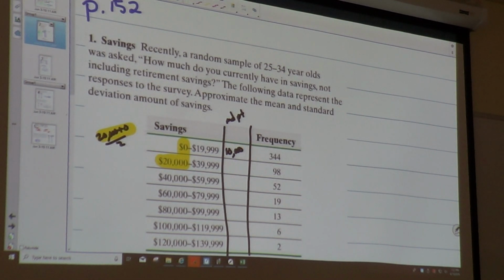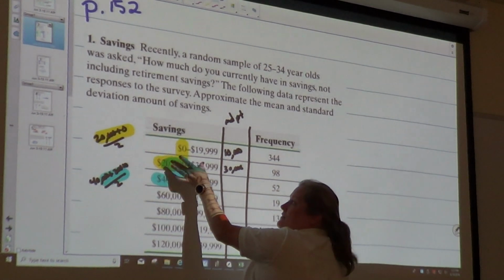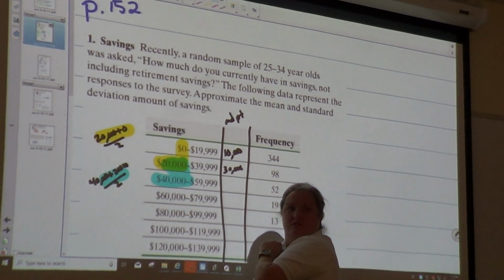Then for my next midpoint, I add these front two numbers, 40,000 plus 20,000, cut in half, and back that thing up, because that midpoint should be between those two numbers.